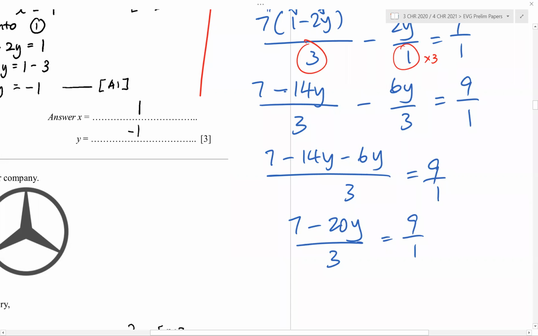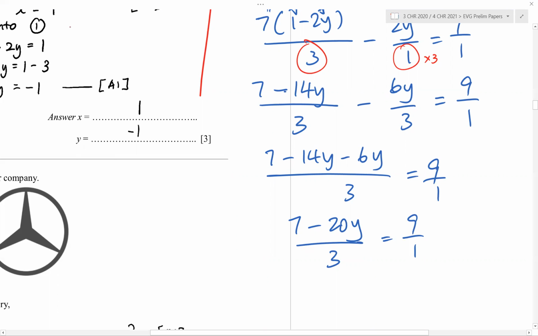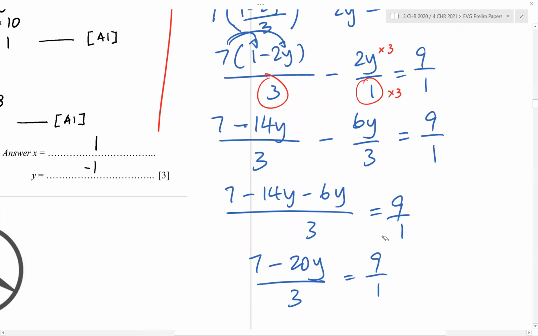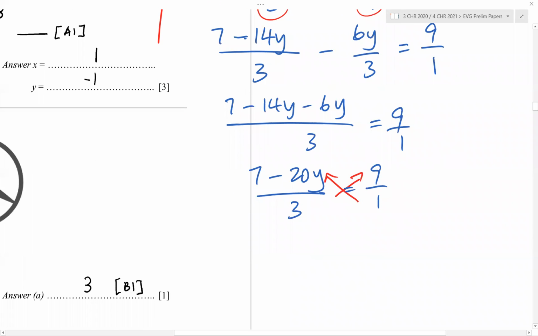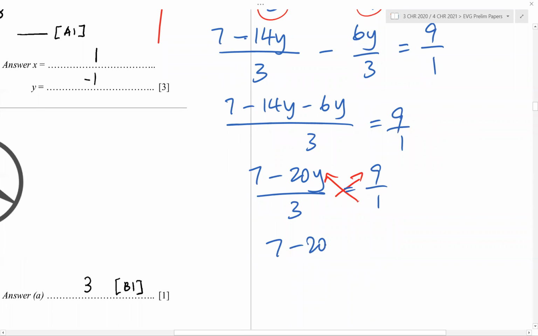This is substitution, standard step 1. Very standard. Yeah, tedious. Because for this particular question, elimination is a bit easier. But I just want to show you your substitution first, which will always work. Multiply over. 7 minus 20y equals 27.